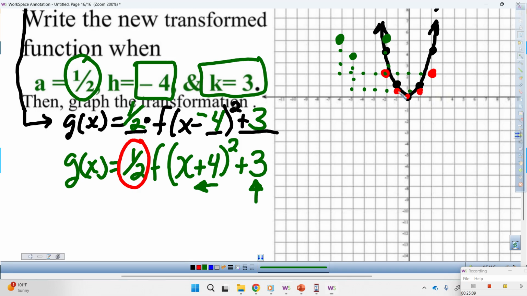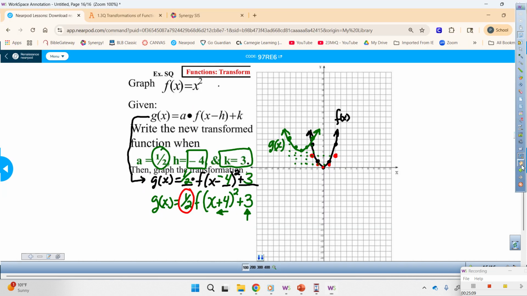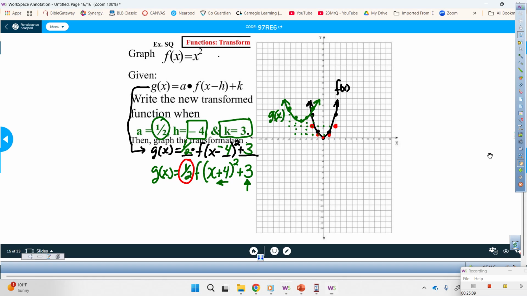Now we connect them. And we label that g of x. Did it compress it? Yes, because it's a fraction. Very good.